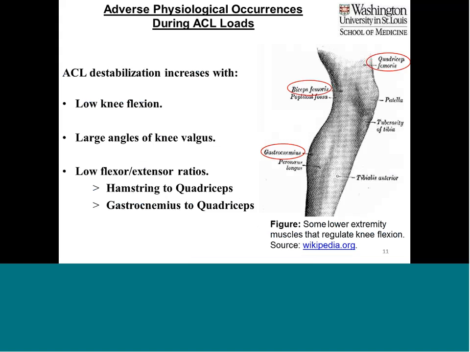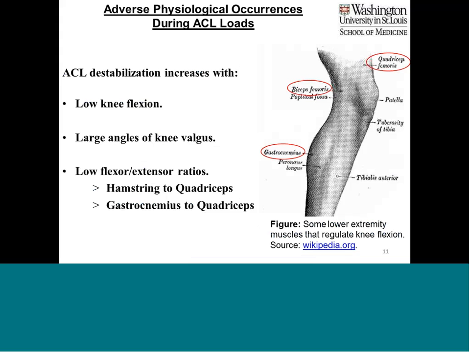So what happens during ACL loading? During an impact, there can be adverse physiological effects that cause further destabilization of the ACL, and some of them include low knee flexion, large angles of knee valgus, which is valgus-varus or abduction-adduction of the knee, and also low flexor extensor ratios.